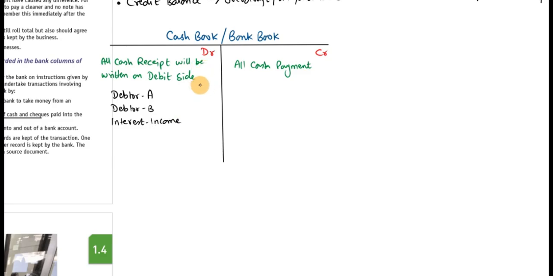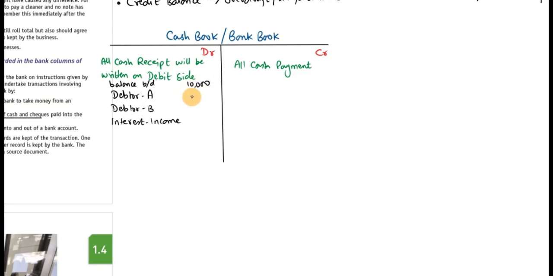For example, I assume some hypothetical values, and we have a balance BD. Balance BD is the opening balance. So for example, we have an opening balance of 10,000.